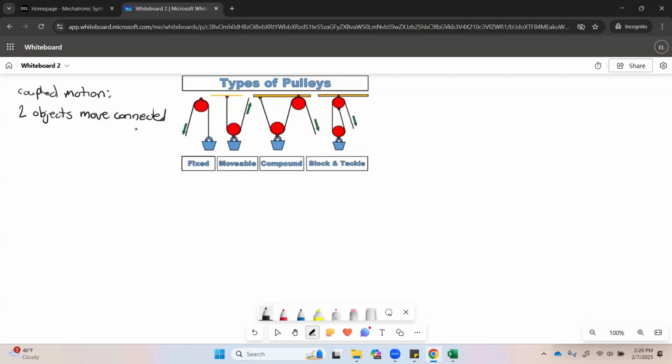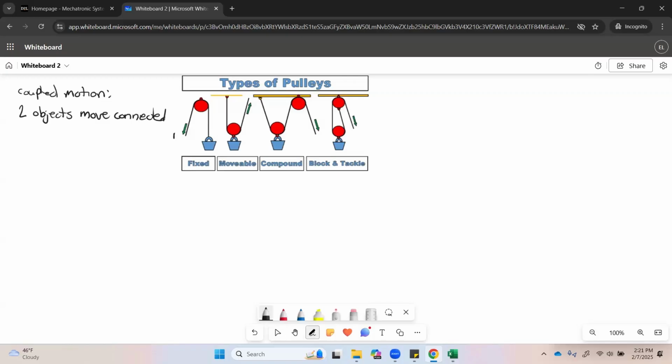Now, the book goes over lots of ways to calculate pulleys, very mathematically. To me, the easiest way to do it is just to count the ropes. So if you want the super detailed math explanation, chapter 12 in the book, but basically, we look at the pulling force. So the pulling force here is denoted by the green arrow.